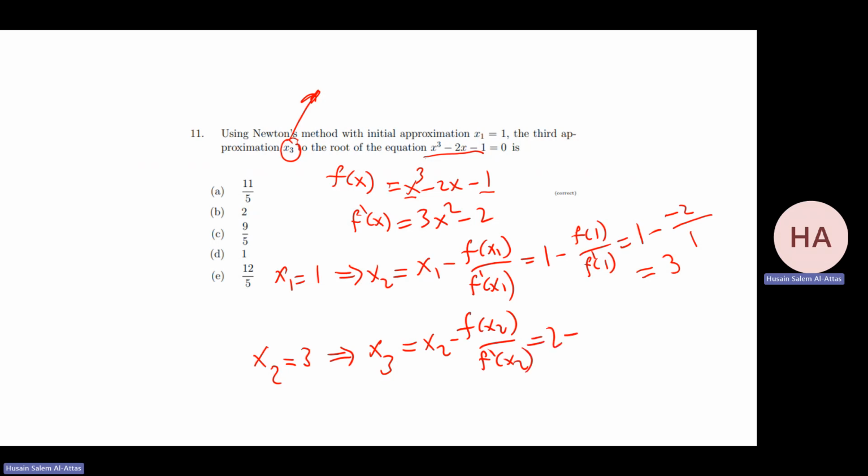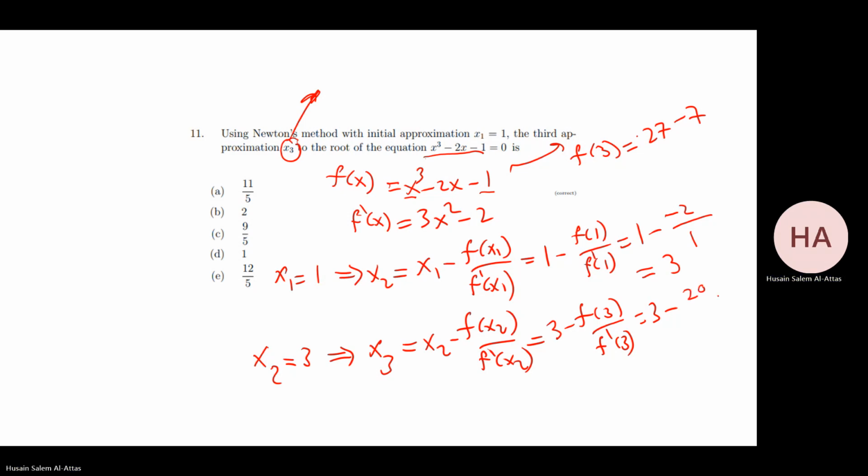That will be 3 minus f of 3 over f prime at 3. f of 3 will be 27 minus 6 minus 1, which is 20. f prime at 3 will be 27 minus 2, 25.